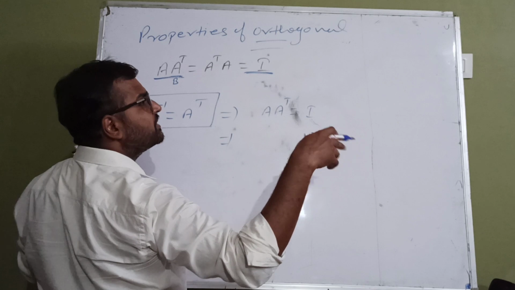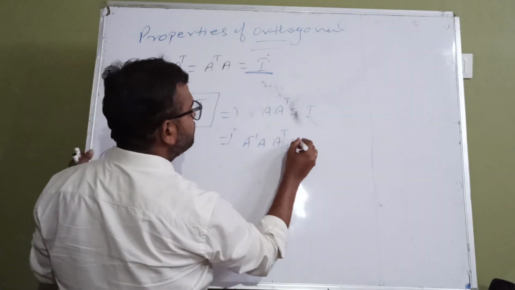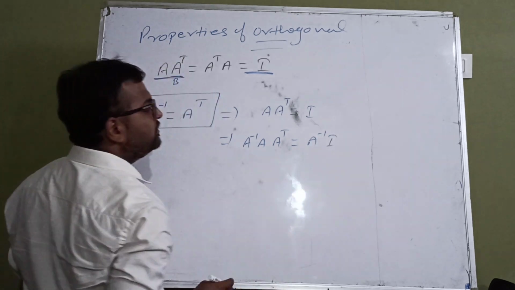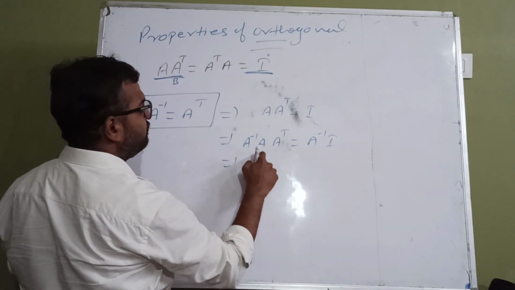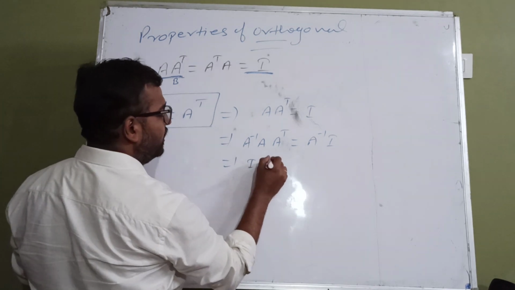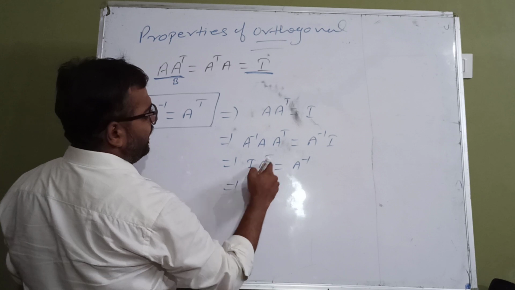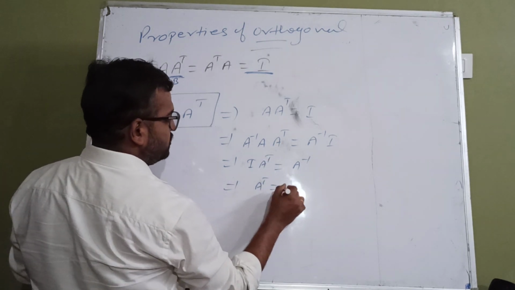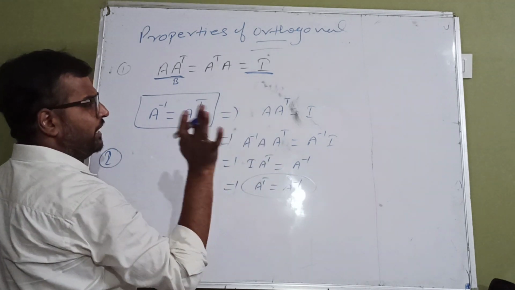So its inverse is possible. Pre-multiplication with A inverse. It can be done because A is an invertible matrix, then A inverse into A is equal to I, so A transpose equals A inverse into I, that is your A inverse. I multiplied by any matrix gives that matrix, so A transpose equals A inverse. See, you are getting the same result here. So this can be proved like this also.